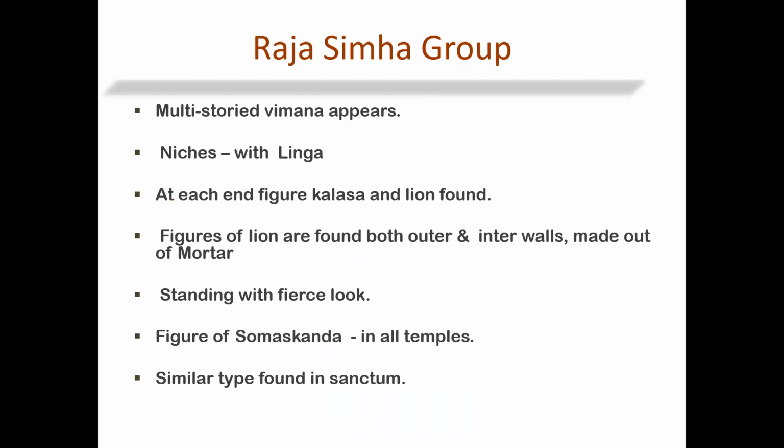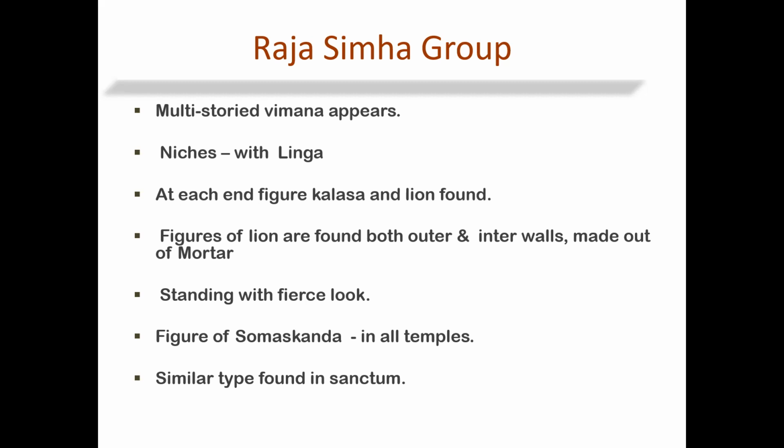Rajasimha group. The main feature of the Rajasimha group is a multi-storied vimana appearing in descending order like a chariot. On each end, figures of kalasa and lion are found. Niches are found with a similar type of linga found in the sanctum.